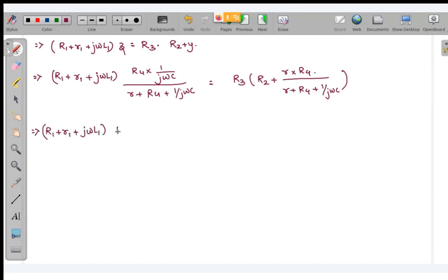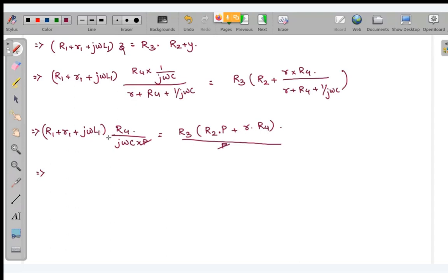This we can write as R4 by j omega C into P. This is basically P; I have assumed it to be P. And this will be R3 R2 into P, because this is also P. I am taking LCM, so this will be R into R4 divided by P. So P and P get cancelled over here. So now we need to solve this. Can we solve it now? Tell me yes or no.